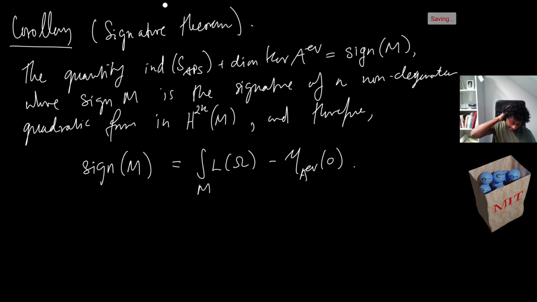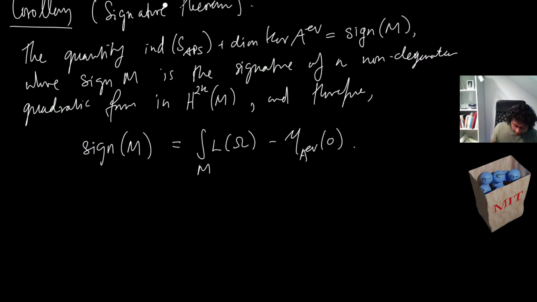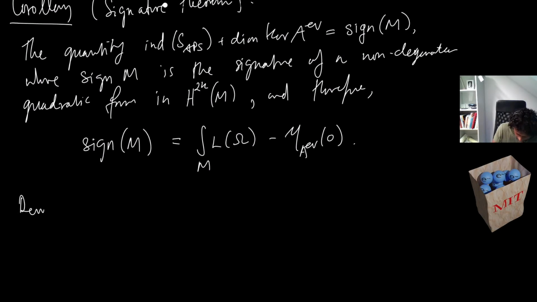So the happy circumstance is that in this situation, it can be described by the index of an operator corrected by adding the dimension of a kernel of something that also, in some sense, comes out of the operator. So in fact, the signature is a topological invariant, right? So remark.